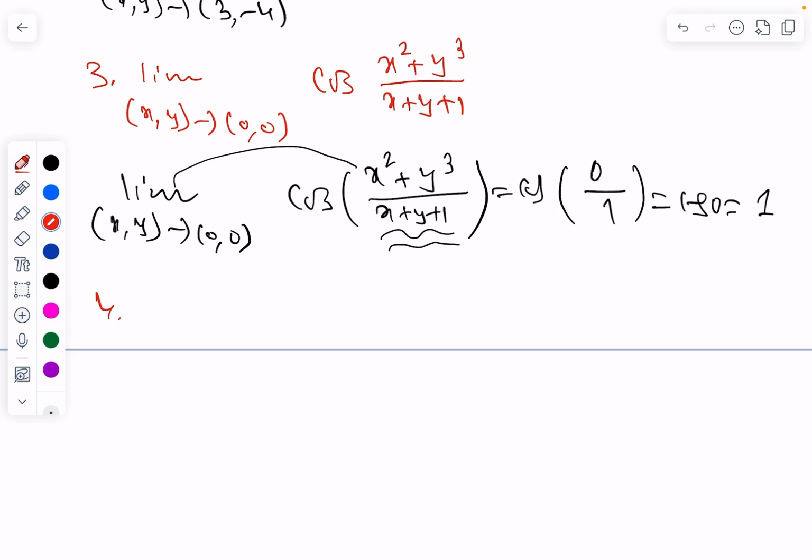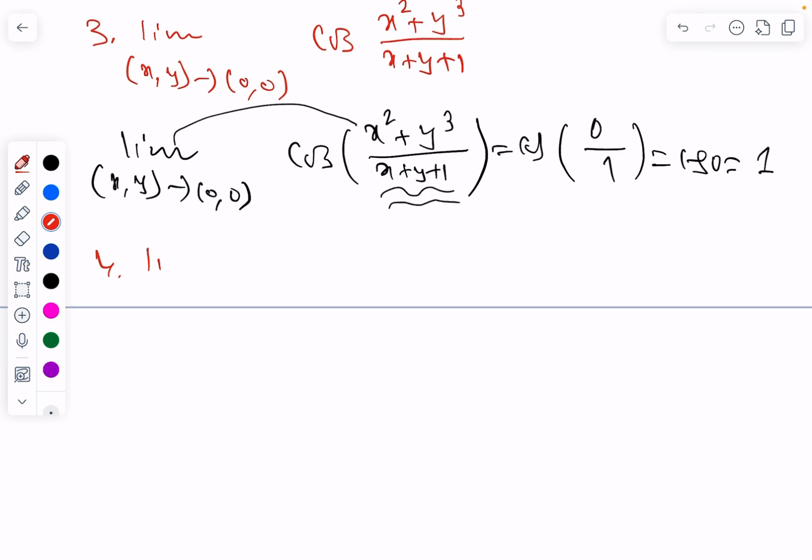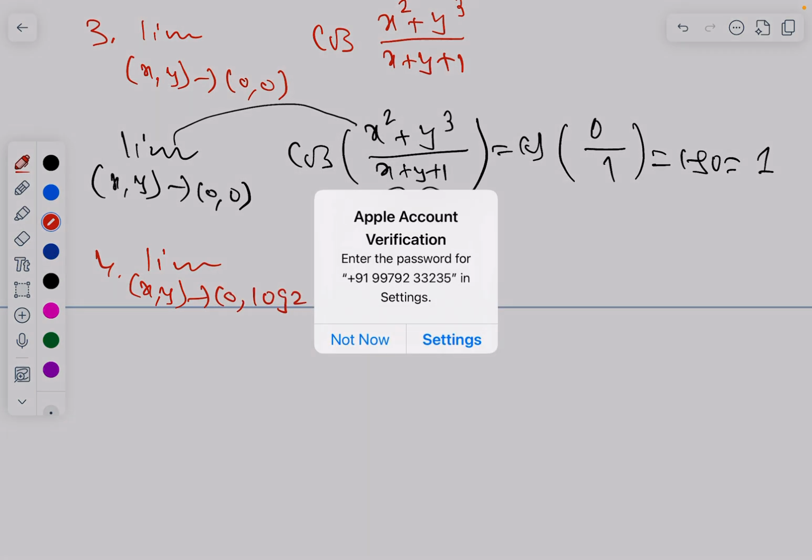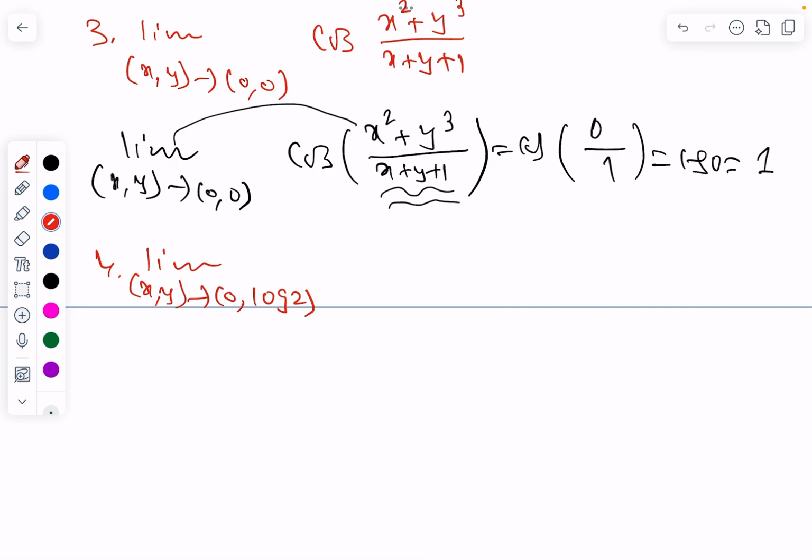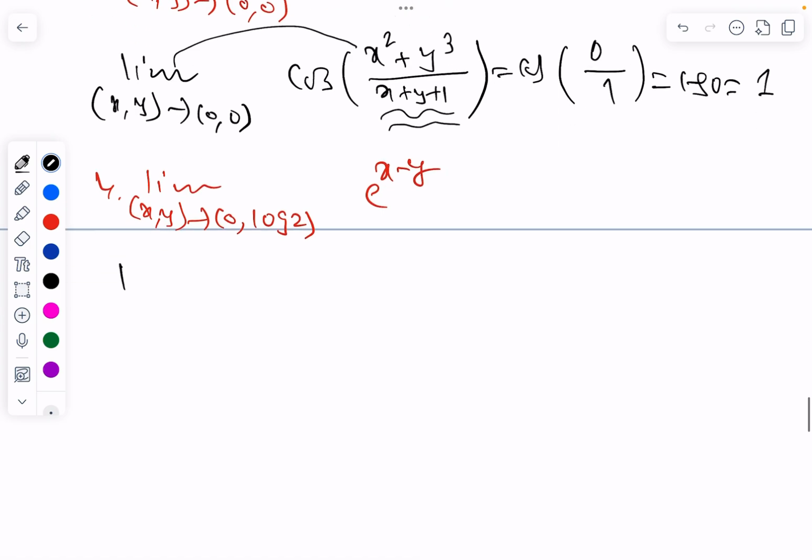You can have it like this. Limit (x, y) tends to (0, log 2) of e power x minus y.